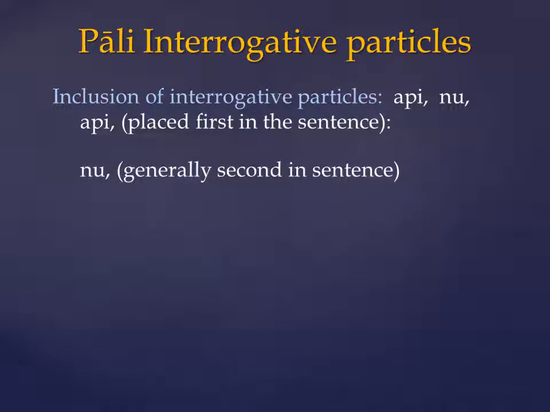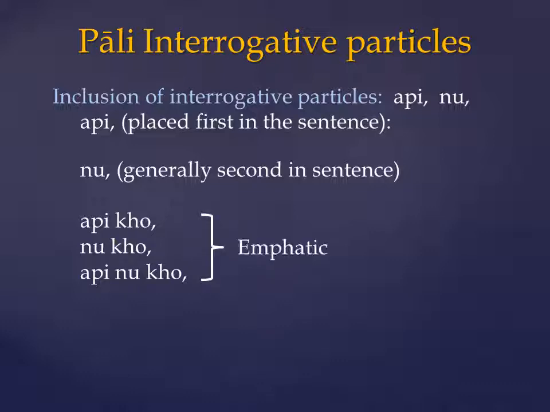This term literally means to follow, and so enclitics always follow another word. In effect, nu will generally be the second word in a sentence. And again, it indicates that that sentence is actually a question. Now both these particles are often followed by another, which is ko. So we can have api-ko, nu-ko, or even api-nu-ko. And the term ko merely serves as emphasis. And they can also be joined with the negative particle na, to create nanu, meaning is it not, or nu na, why not?